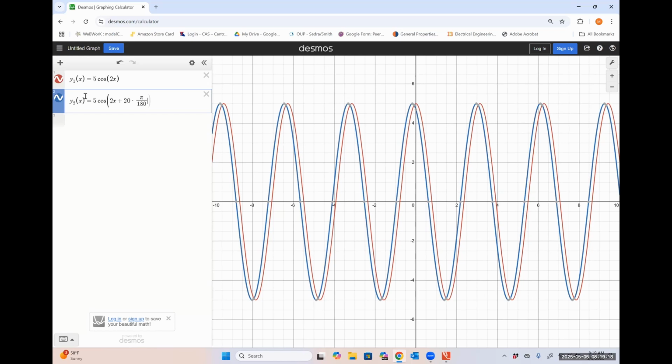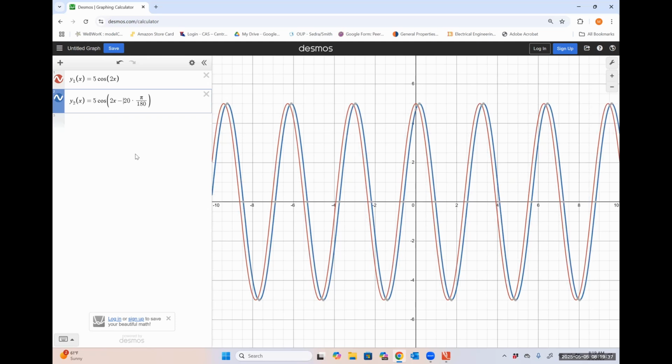And we can see that our blue curve is shifted slightly to the left of our red curve. So it's advanced in time because it's hitting its peak value earlier, okay? If I change this phase angle to a minus sign, now my blue curve is shifted to the right, meaning that it's slightly delayed or it hits its peak value later in time.